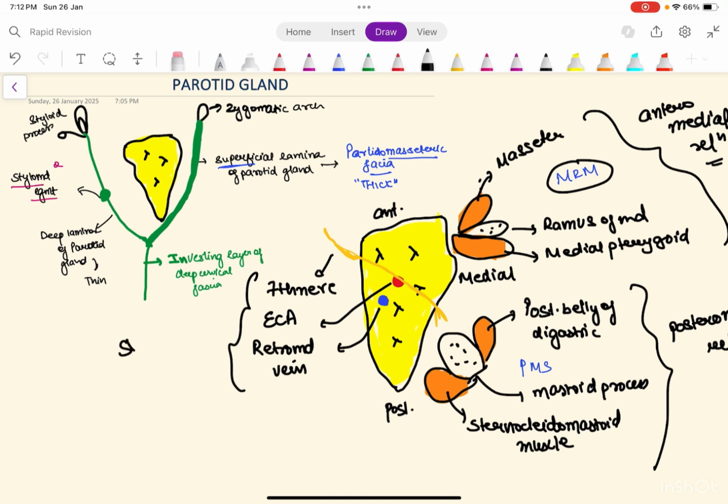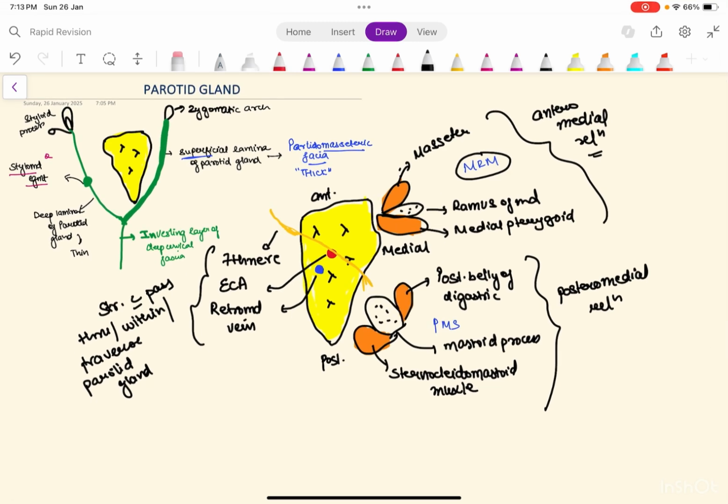So these are the structures which pass through or traverse the parotid gland. Then here you have two more outside the gland. So ICA, EJV, external jugular vein. All right. So these are the relations.